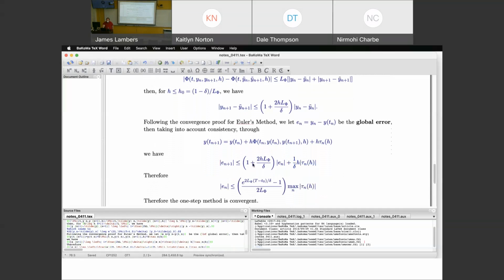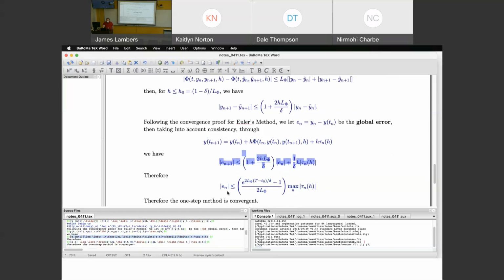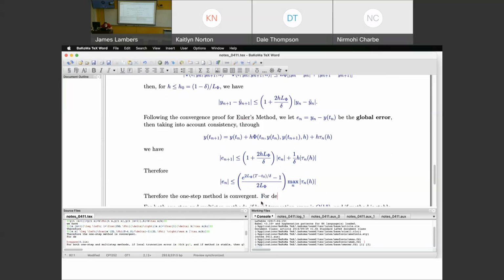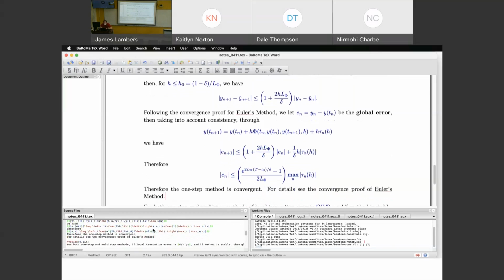If I apply this repeatedly, then this is what I get. And the details of how you get from here to here, it works out exactly the same as in the convergence proof of Euler's method.